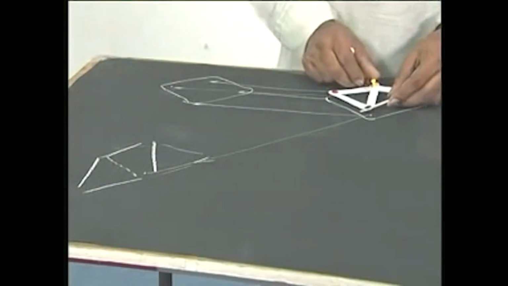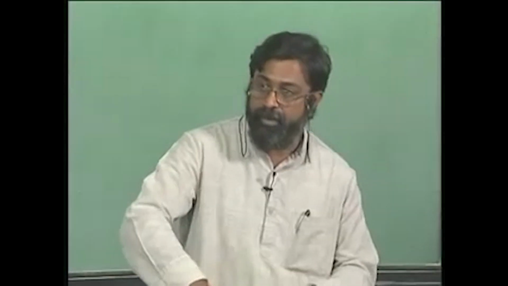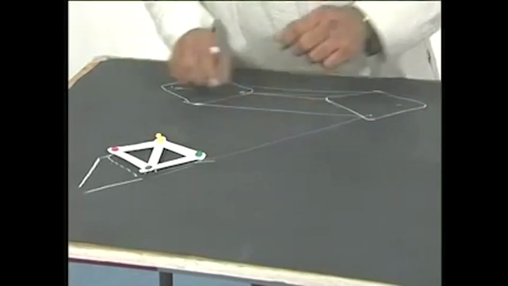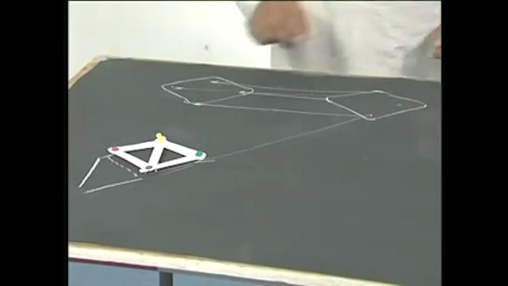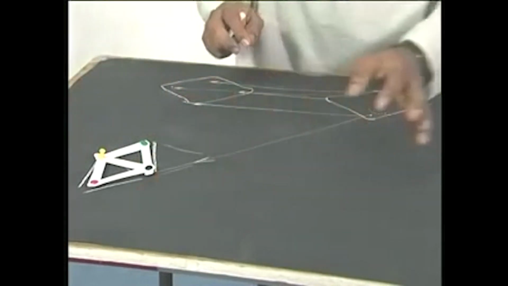Now, in this particular example, the black point acts as a pivot of rotation. As you can see here, it is moved in a translation fashion, and then this acts as a pivot while rotation occurs.